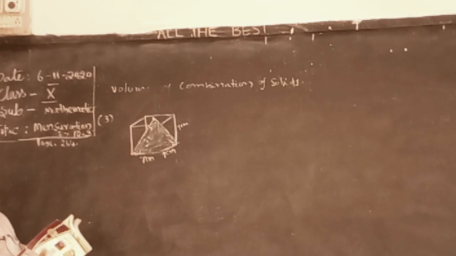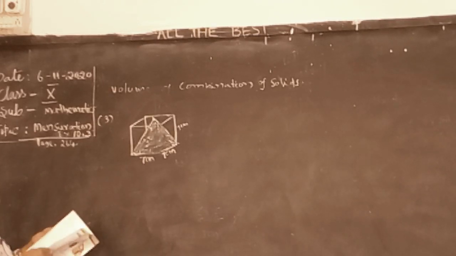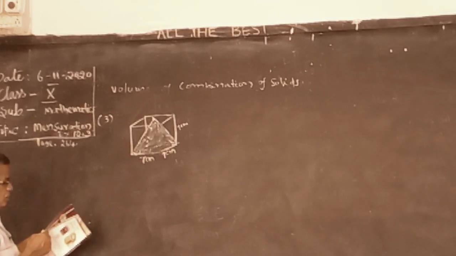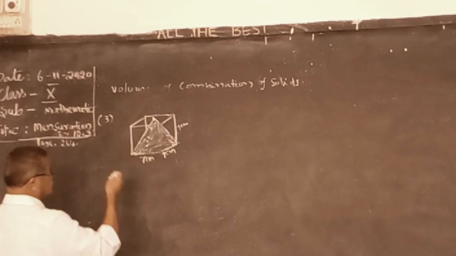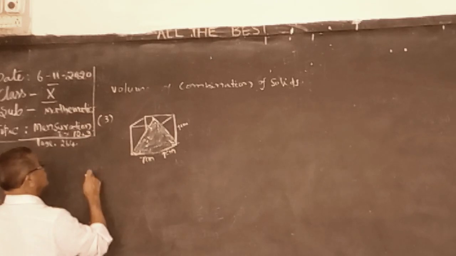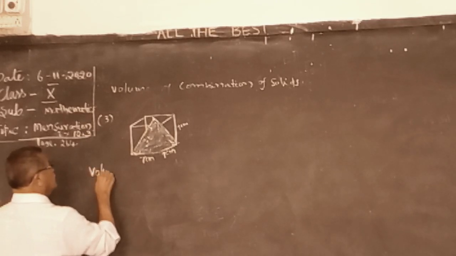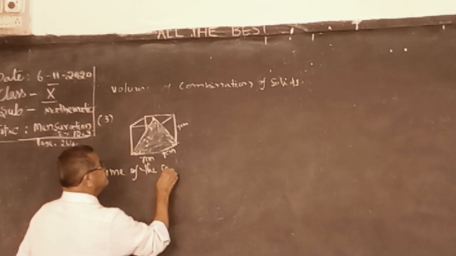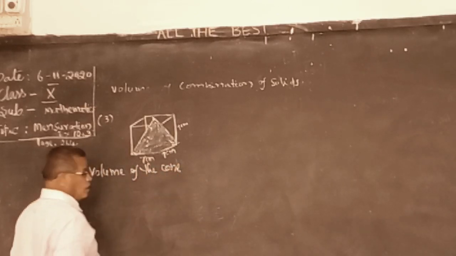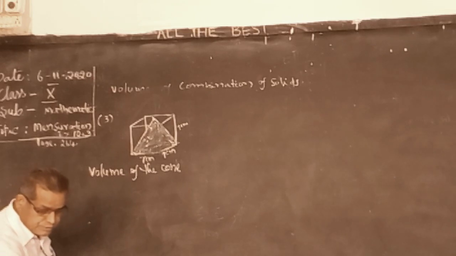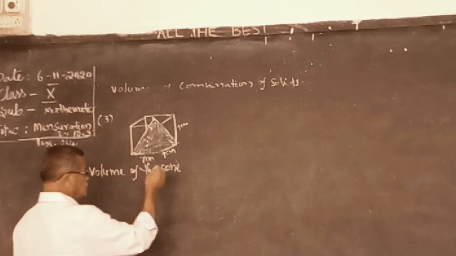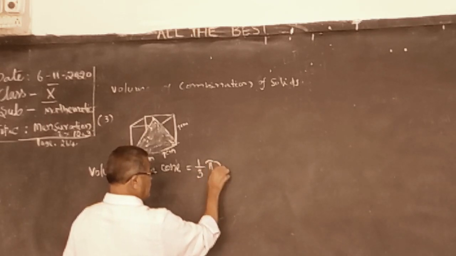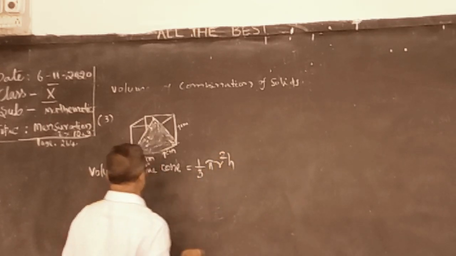Simply we have to find the volume of the cone. Volume of the cone is equal to 1 by 3 pi r squared h.